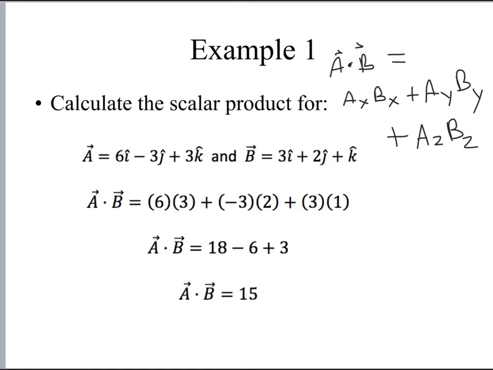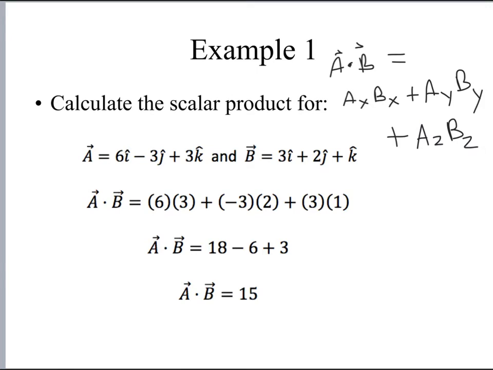That's what the formula tells us, so we're just applying that. What is AX? AX is simply 6. What is BX? That's the x component of B, that's 3. And so for that first term, AX BX, I just plug in 6 times 3. For AY BY, I plug in negative 3 times 2. And this 3, 1 would be AZ, BZ for that third term.